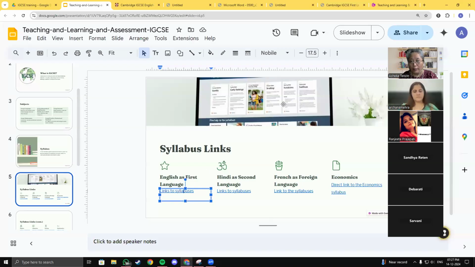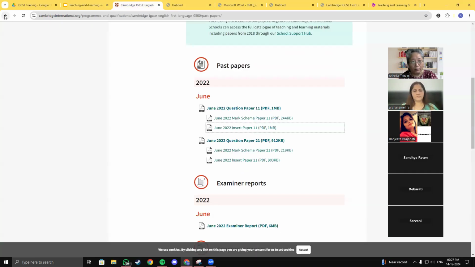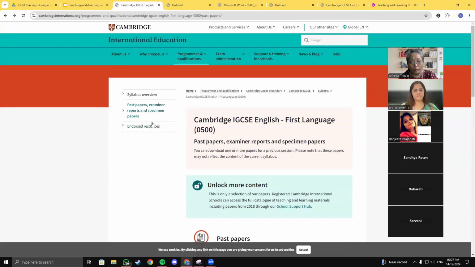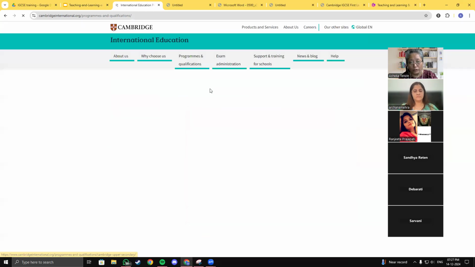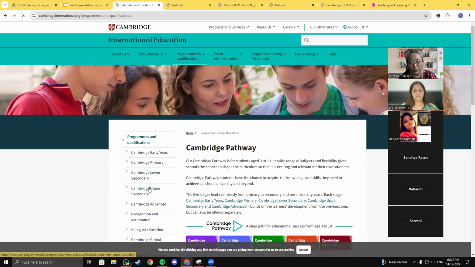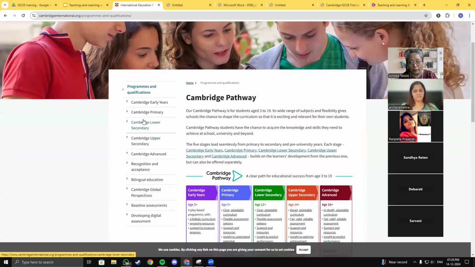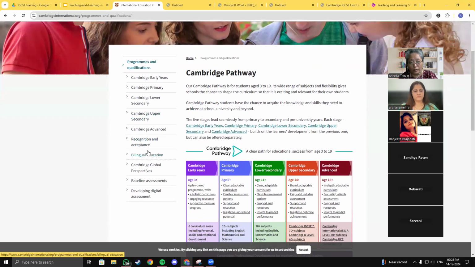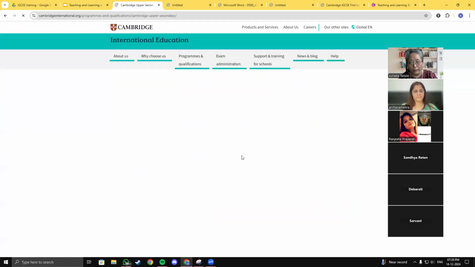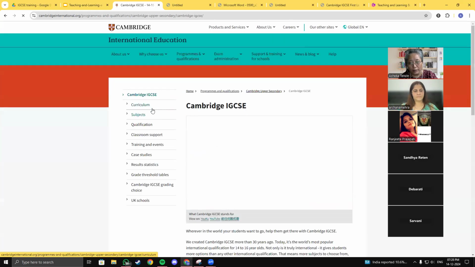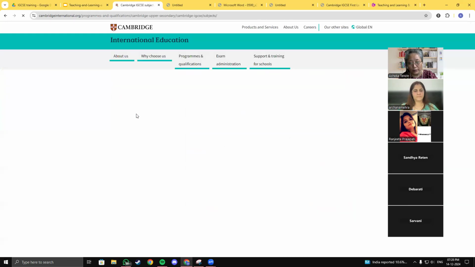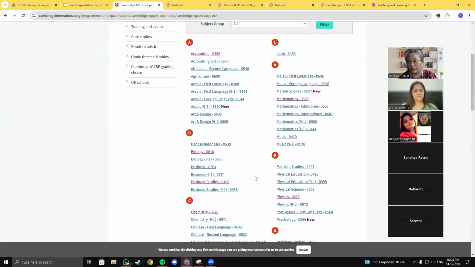In the same way, you can see Hindi. You go back to the qualifications, and when you go to syllabus, if you go to Cambridge, upper secondary, in upper secondary, you go to IGCSE, in IGCSE, you go to subjects, then you will see the subjects.